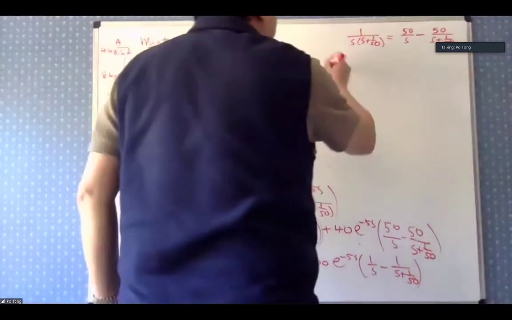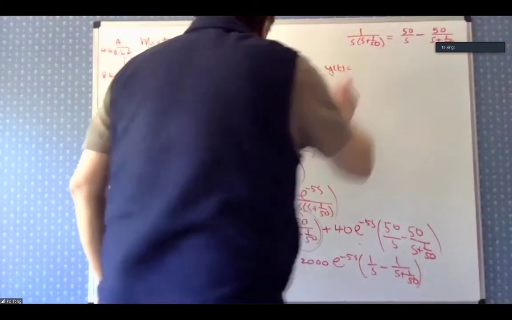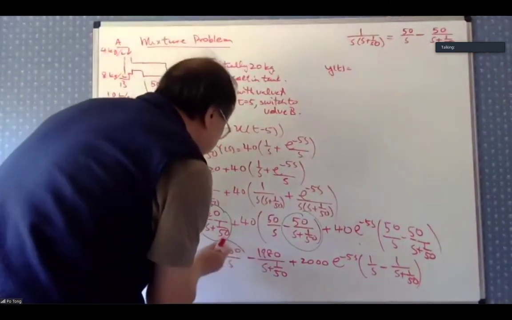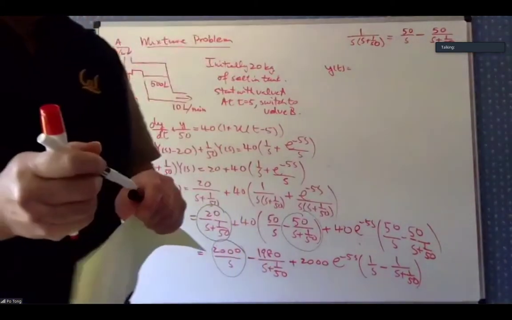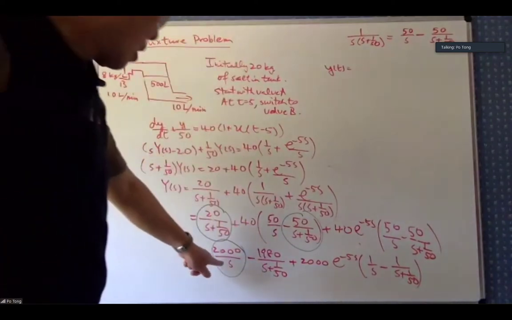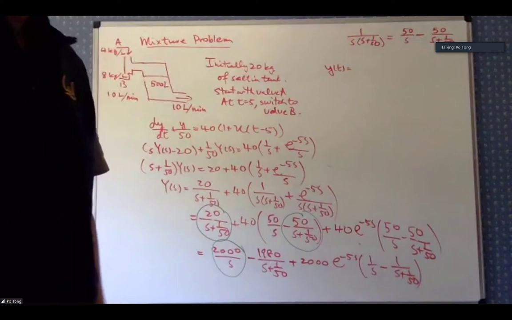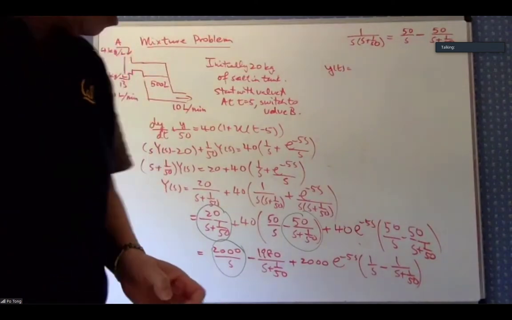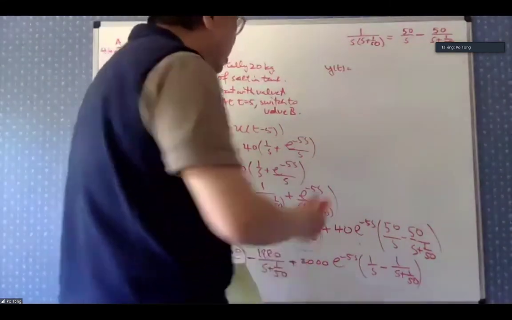What is the inverse transform of the first one here? Anyone? What's the inverse transform of 1 over s? Just 1, so this will be just 2000.